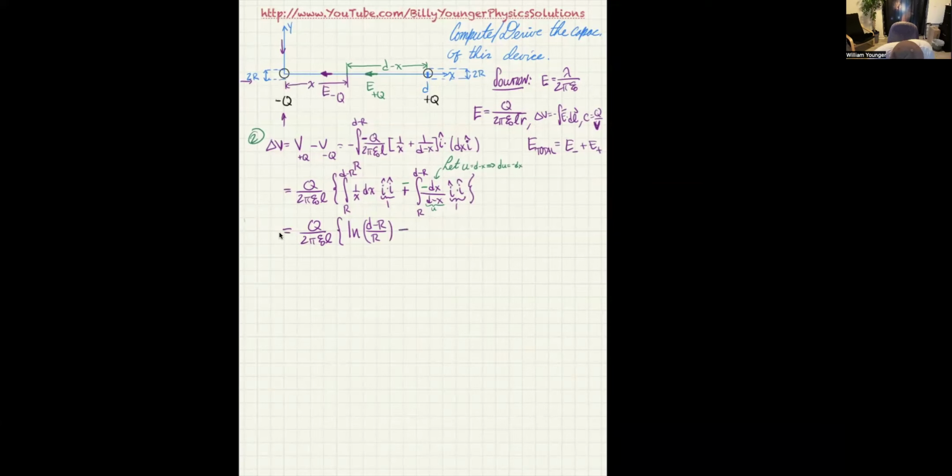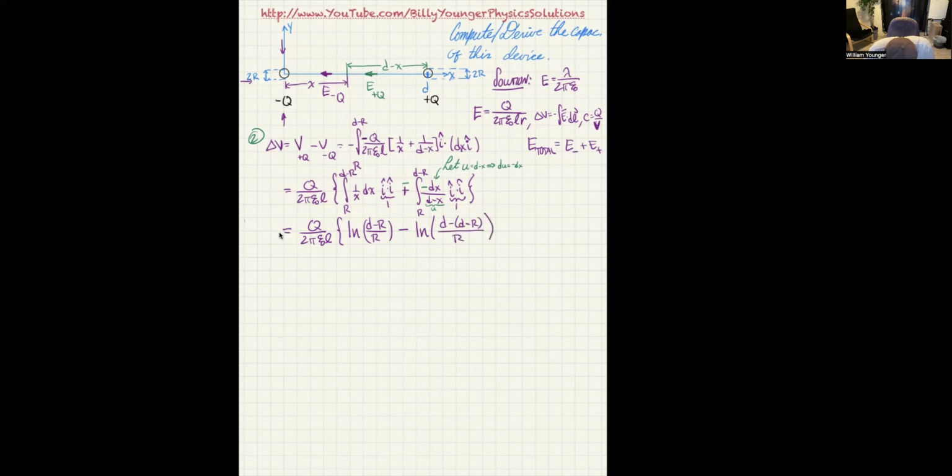Now I have a minus sign from where we did the change of variables here. And we have the integral of du over u. That just gives me, again, the natural log of u, and u is d minus x. And we're going to evaluate d minus x at d minus r. So that's literally going to become d minus r over just plain r.